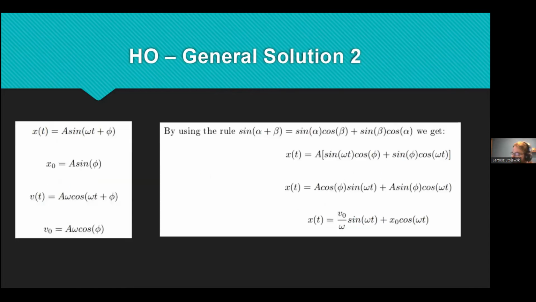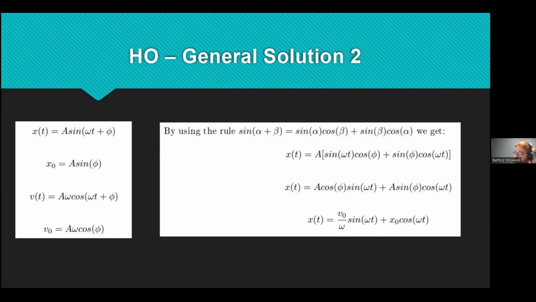There is also other general solution for the simple harmonic oscillator, and it is shown right here. On the left hand side, we can say that A is amplitude showing the maximum deflection. Omega 0 is natural frequency of oscillator vibrations.